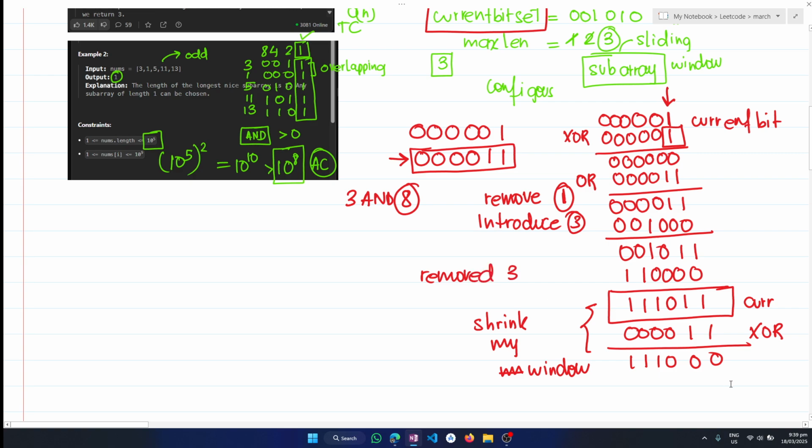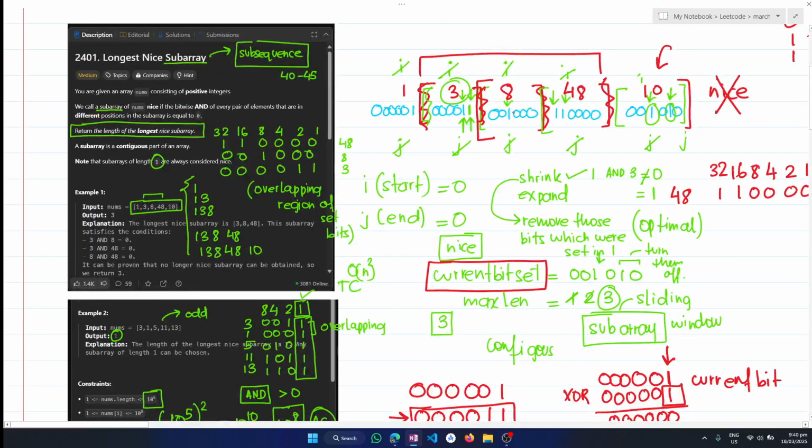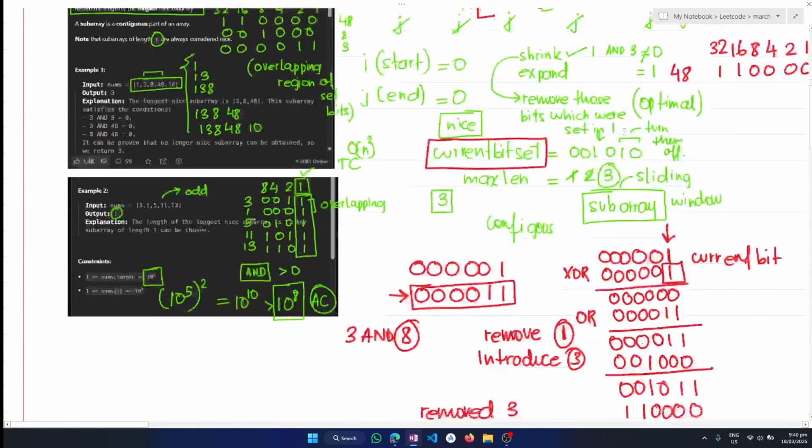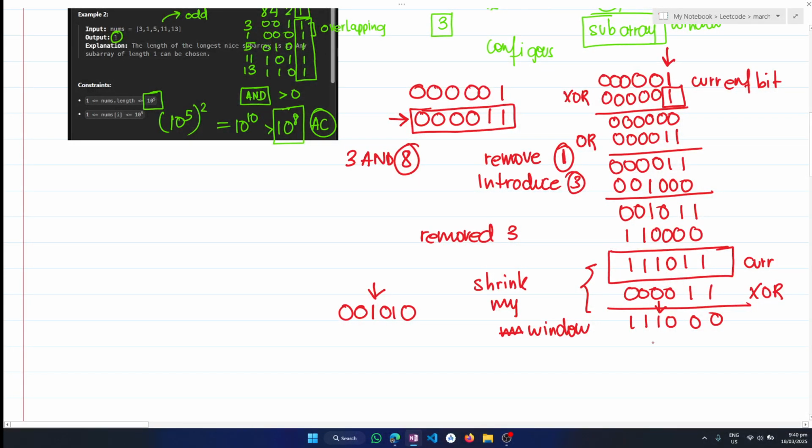But if you look at 001010, I still have a clash between this bit and this bit, isn't it? I still have a clash. So I will have to remove the 8. How am I going to do it?